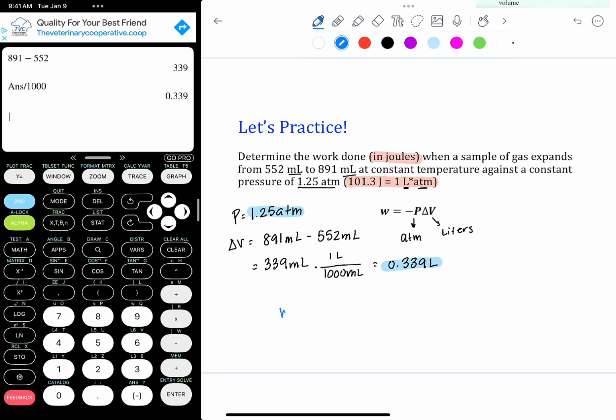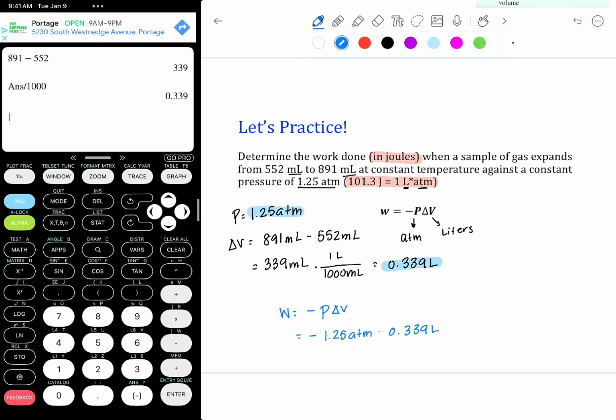We're going to use this pressure and this change in volume to find the work. So we get work is equal to negative P delta V. So negative 1.25 atm times delta V, which is 0.339 liters.